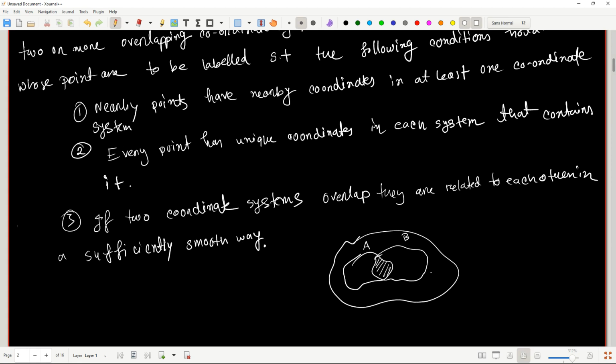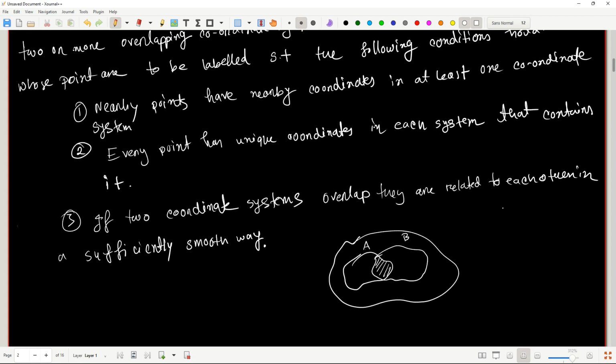Because if I can define coordinates for different points, let's say I join them and make a function out of it. Now the third condition tells you that if they overlap, then these two charts A and B are related to each other in a very smooth way.